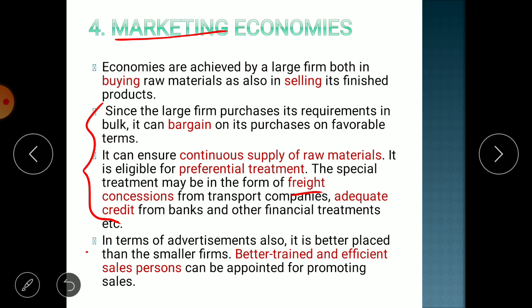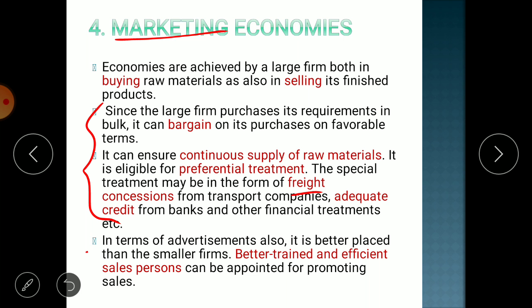Then better trained and efficient salespersons can be appointed for promoting sales. In the case of large firms, they appoint only efficient salesmen who can sell more at any point of time, anywhere. They are available to sell. If you talk about the small firm, they don't have very good salesmanship, and that is why their selling is less.